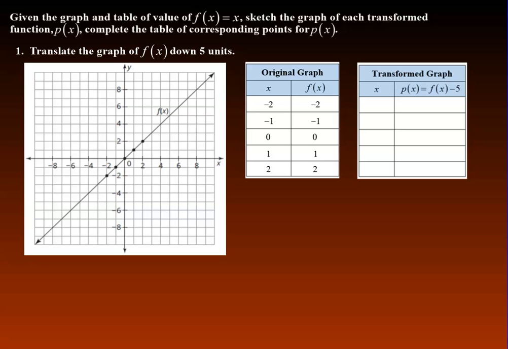So when we move the graph down 5 units, 1, 2, 3, 4, 5, we're moving each of the points down 1, 2, 3, 4, 5, all throughout the whole entire graph.